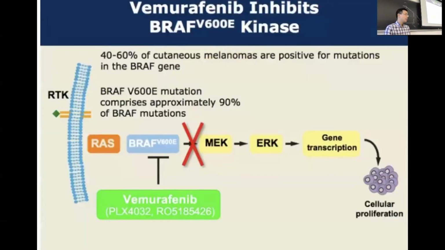So here is some reality. Let's look at another famous example, the BRAF inhibitor. In skin cancer, there is an oncogenic mutation called the V600E mutation on the BRAF gene.